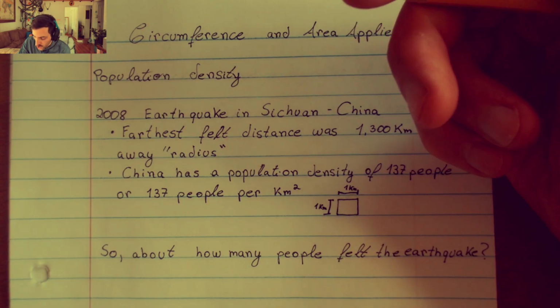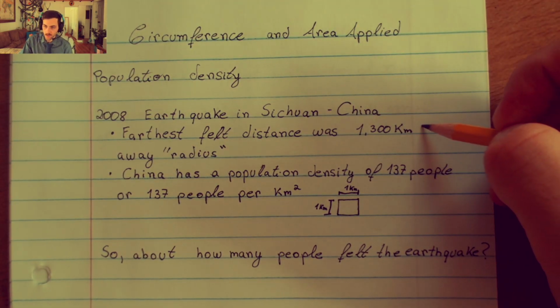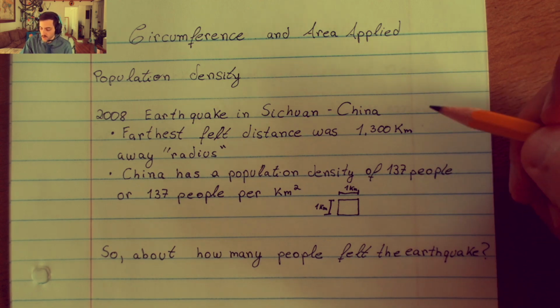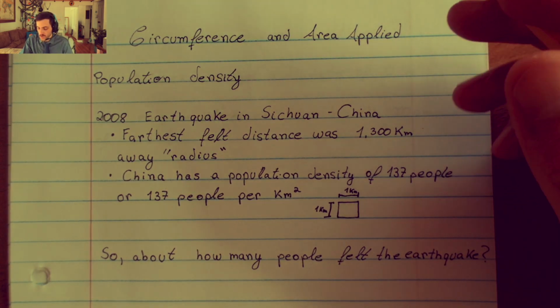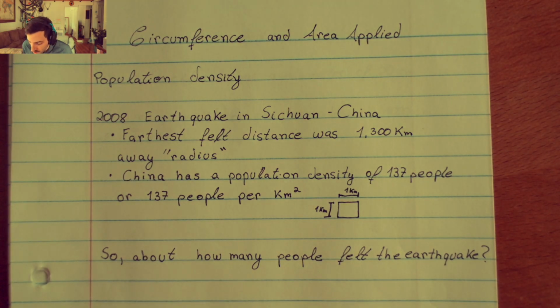What we see here in our question is the farthest distance away that this was measured, which is about 1,300 miles, give or take somewhere around 800 miles or so.